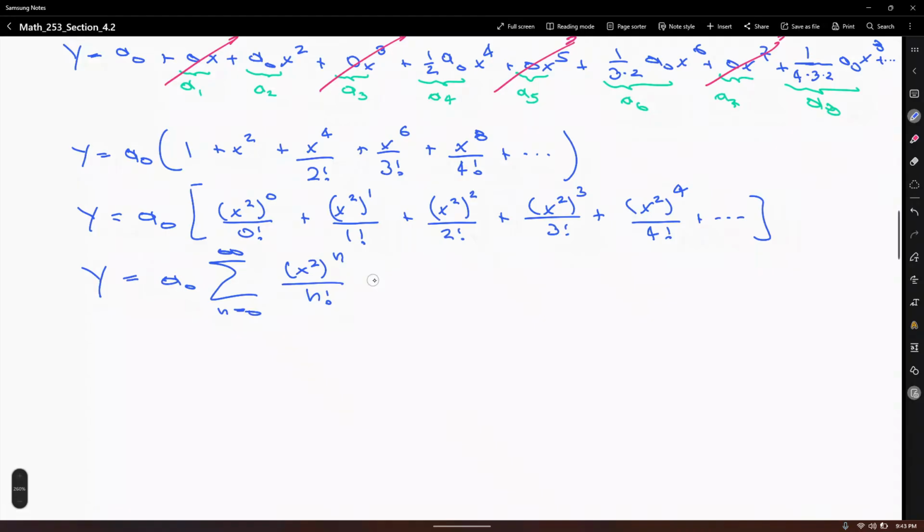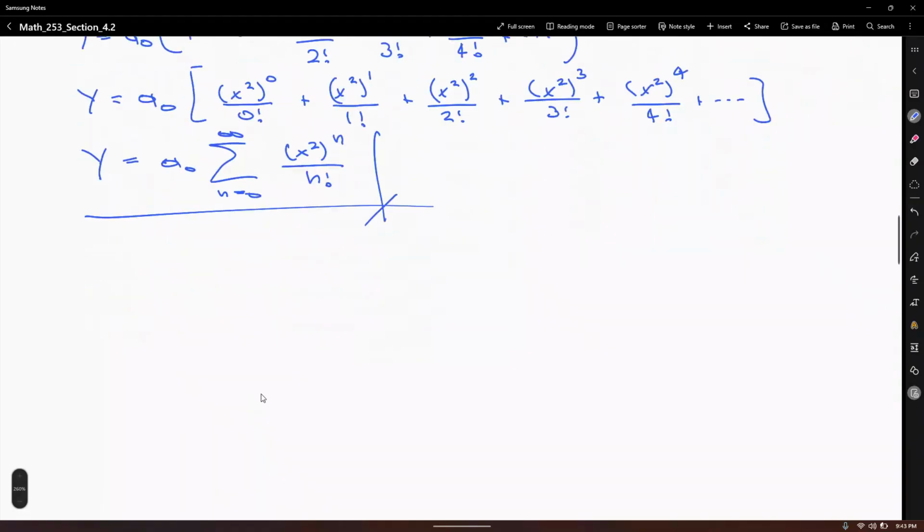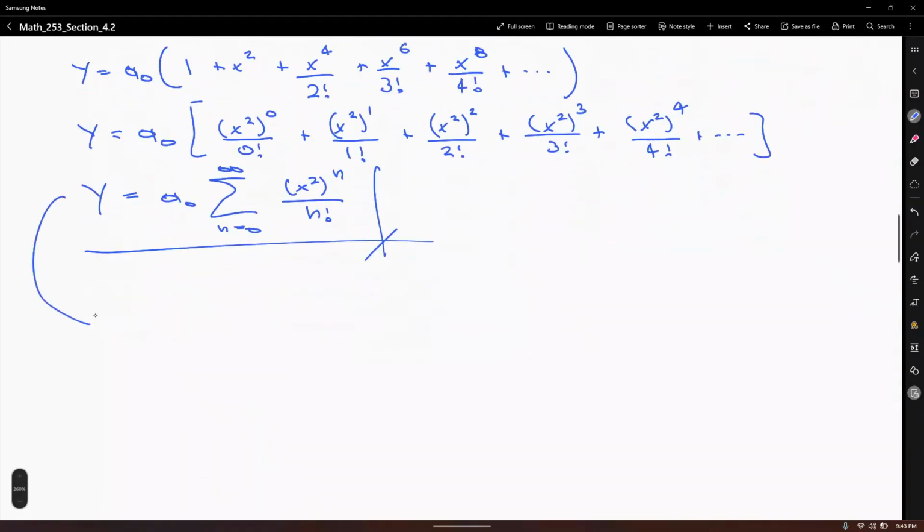This is actually the final answer as a power series representation. Now it's easy to write the actual function that is represented by the series, that is y equals a sub 0 sigma n equals 0 to infinity of u to the n over n factorial, where in this case u equals x squared.